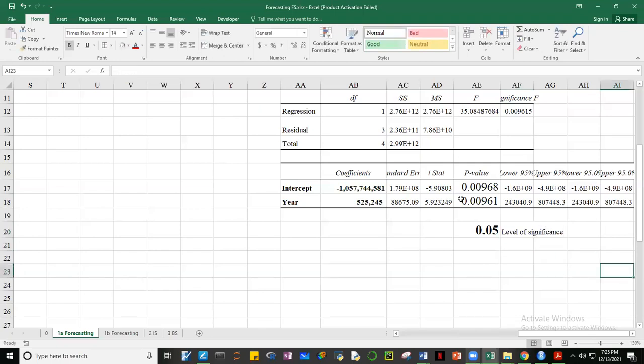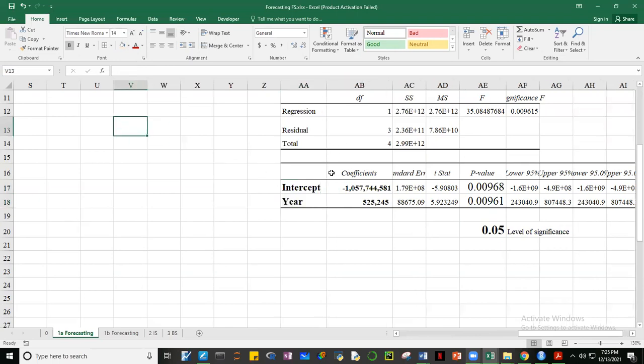So since 0.009 is less than 0.05, then we infer that year is an acceptable parameter or variable to explain or predict your sales. Since statistically significant yung 525, this one, 525,244.6. Okay, statistically significant to. So pwede natin gamitin to.